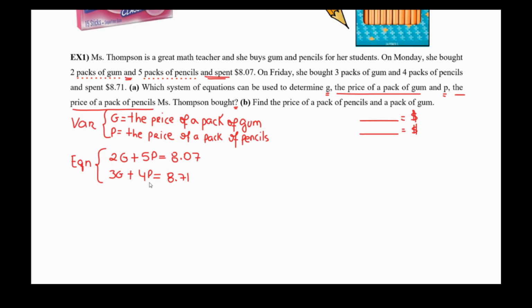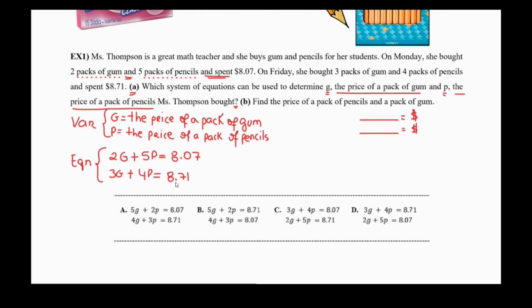On your assignment today, part A is to find out which system of equations is the one that represents this situation. In your assignment, you're going to see the multiple choices in Go Formative, and you're going to have a place to put the multiple choice that is correct. In this particular problem, we have these 4 multiple choices, and I noticed that my first equation, which equals 8.07, has 2G and 5P.